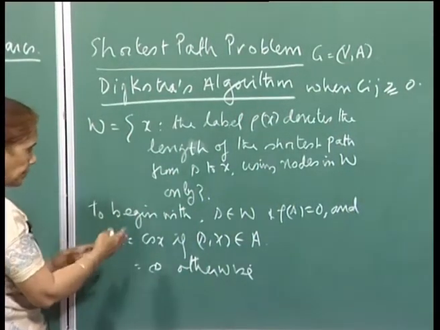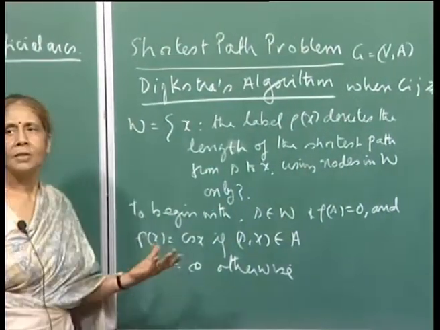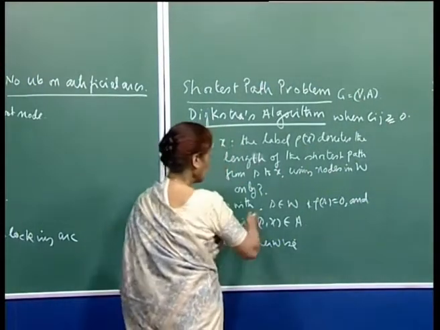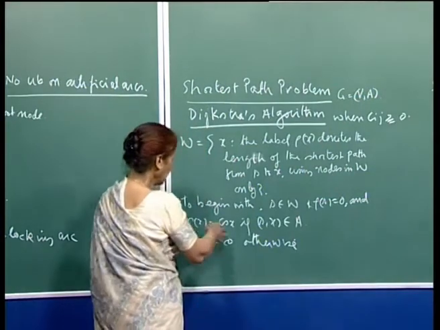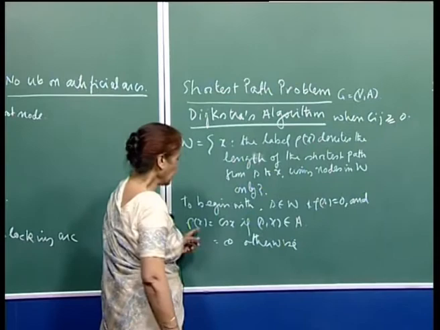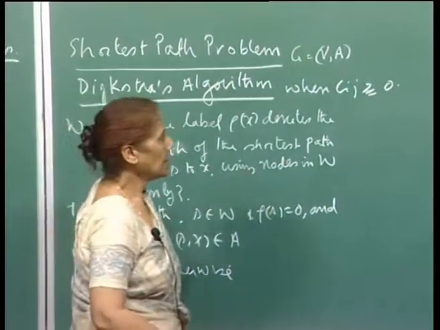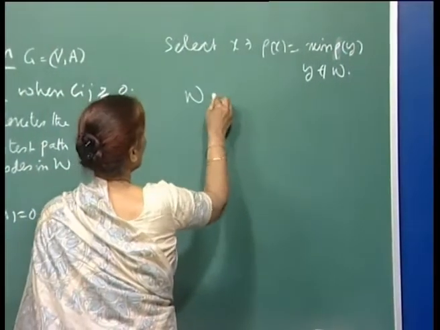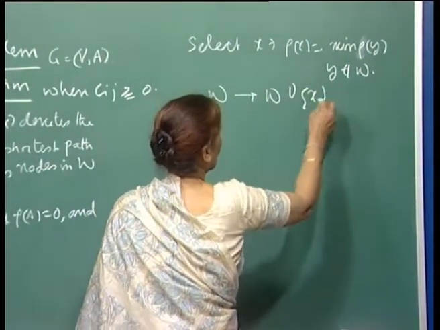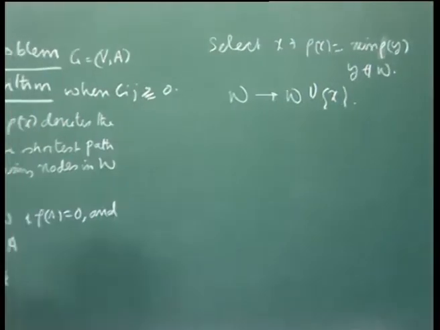Then I will pick up that node for which the label is the smallest for all nodes which are outside W. Initially only S belongs to W, then you have labeled all the nodes, and then you look for the one which has the smallest label, and you select that node, and then W goes to W union X.